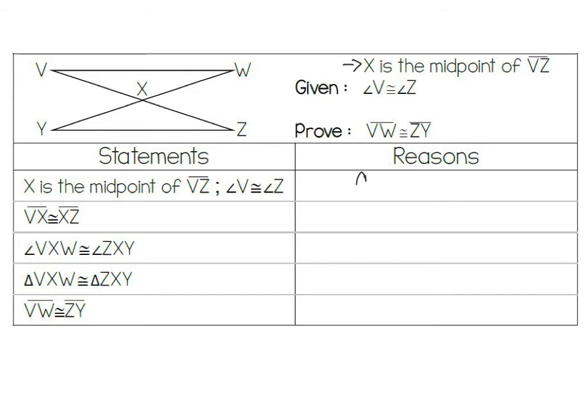So the first one is X is the midpoint of VZ and angle V is congruent to angle Z. That came from given information. Then I'm saying VX is congruent to XZ. Well, if something is the midpoint, it cuts something in half.